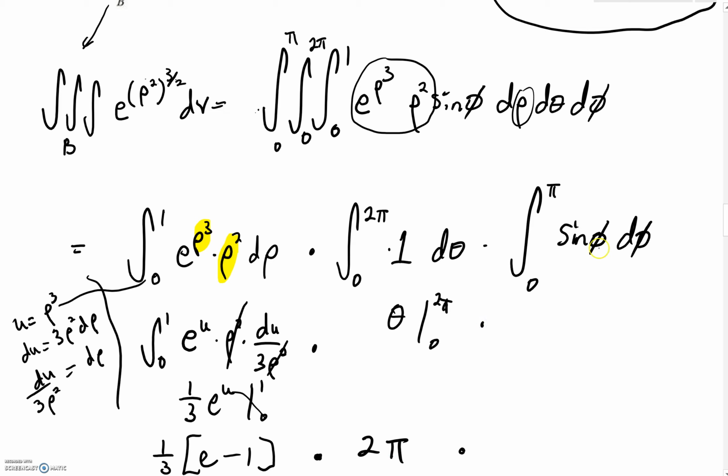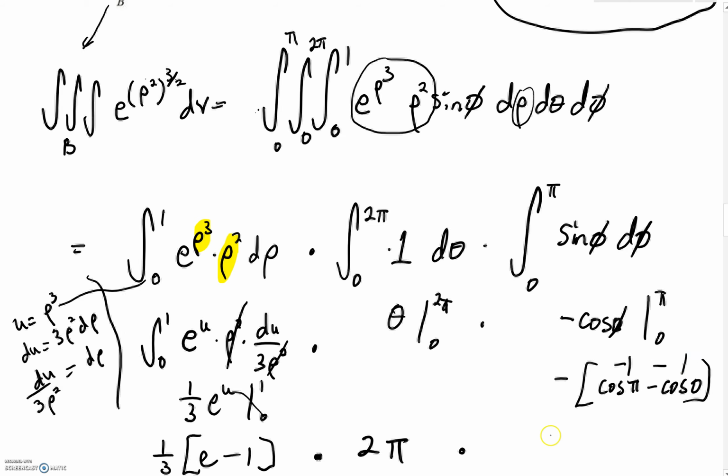As we work this one out, this might be the one that's going to take the most amount of work here. Well, I don't know. I guess our first one had the substitution. But you can see our antiderivative is negative cosine of phi. As we plug in, we'd get a cosine of pi minus the cosine of 0. And this would be negative 1 minus a 1. That's negative 2.